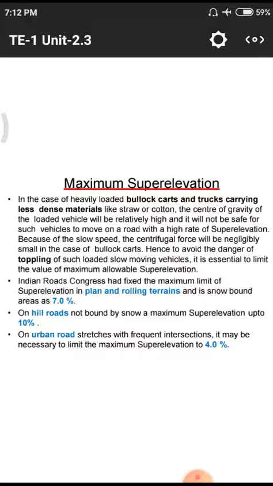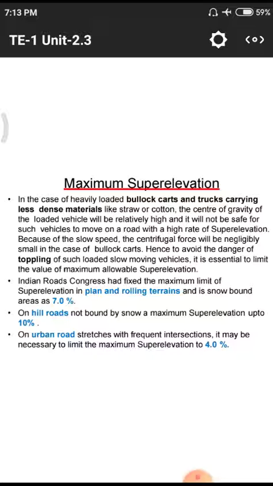But in case of maximum super elevation, we have heavily loaded vehicles. Nowadays we use heavily loaded vehicles which normally have a capacity of 10 tons to 20 tons. Lorries are used as transporting mediums, and they daily transport goods useful for human purposes in daily life, like food, industrial purposes, commercial purposes and building purposes.